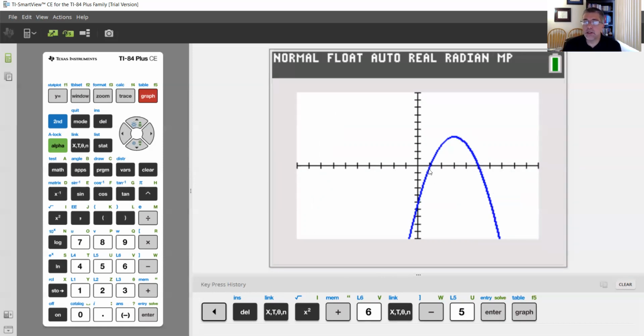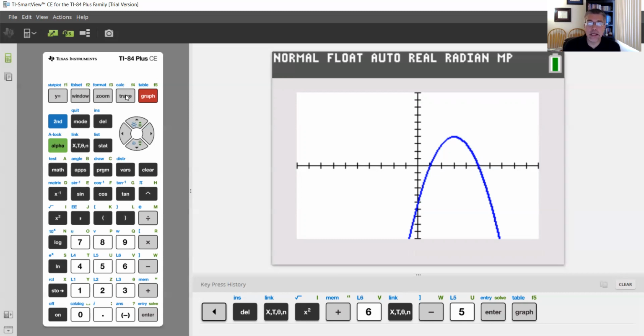Some of the things that we want to find out about this graph are, what's the highest value of the graph? What's the maximum value of this graph? And the calculator will do that for us. The way that I do that is I want to hit second trace to get that maximum value.